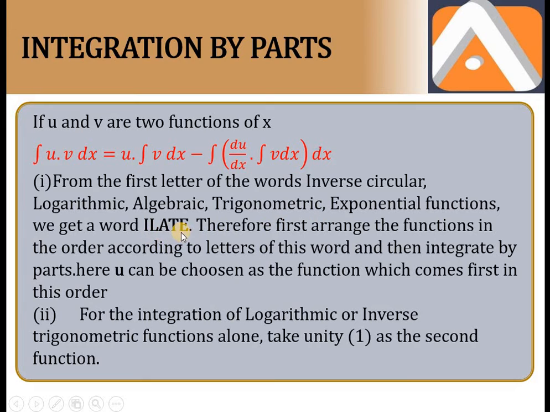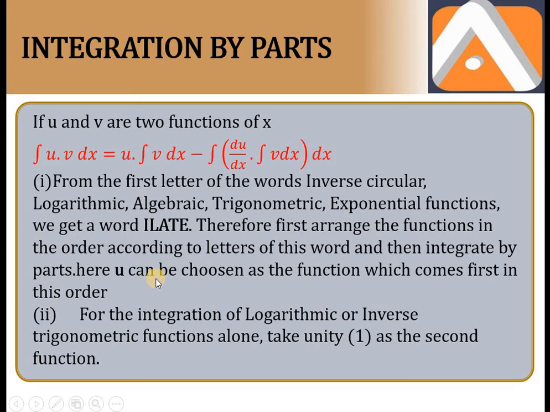According to this order, whichever function comes first should be taken as u. For example, if they have given two functions, one trigonometric and one logarithmic, then according to this order logarithm comes first and the trigonometric function comes later. So the logarithmic function is taken as u, the trigonometric function is taken as v.